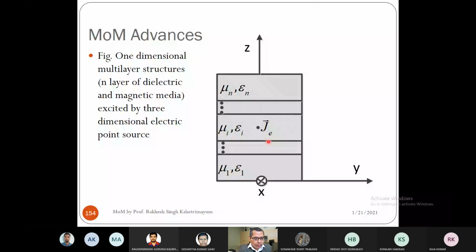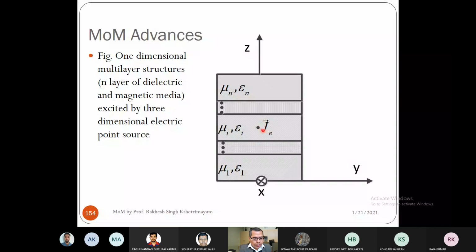Assume that at any arbitrary point, any layer, let's say the ith layer, there is a current density here. The source of radiation for most antennas is the current density. So when you supply a conductor or any material with a time-varying current density, it will start radiating. Only then will you have radiation. So you assume that there is an arbitrary current density J in the ith layer, which is shown here.